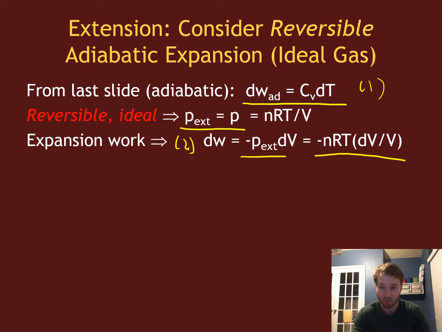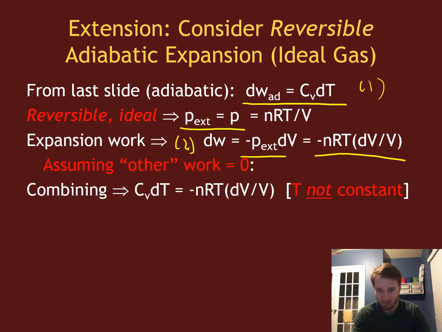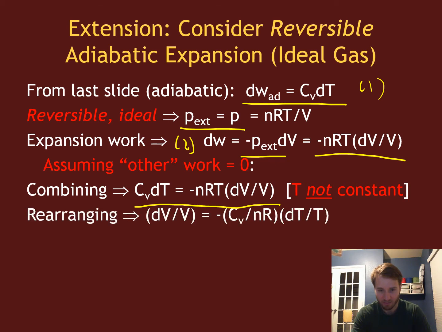So if I set them equal to each other, I get CV dT equals minus nRT dV divided by V. Notice T is not constant, I have this dT over here, so I divide T onto the other side, and I'm also going to move the constants to the other side, so I have dV over V equals minus CV divided by nR times dT over T.